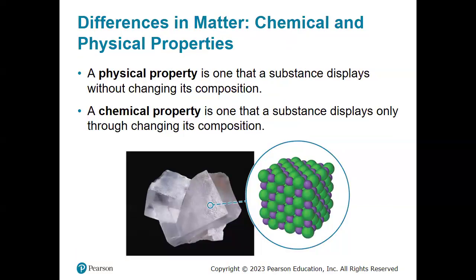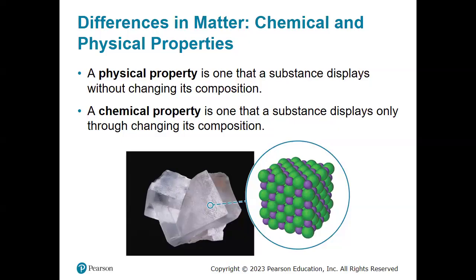What we're going to start with this afternoon is, how do we describe matter in different kinds of ways? And what we'll find is that when we describe matter and try to put some different kinds of descriptors on it, they're going to break down into two main categories: the physical properties and the chemical properties.